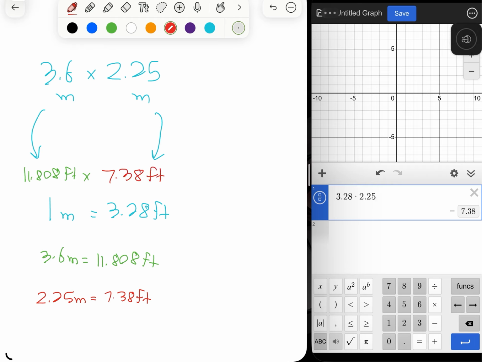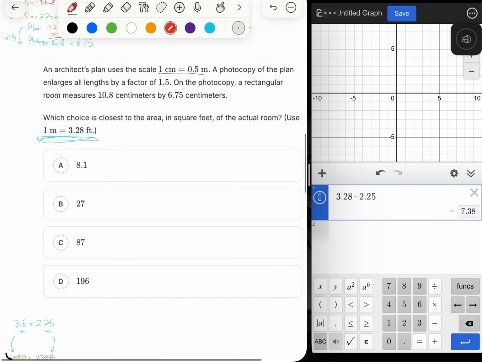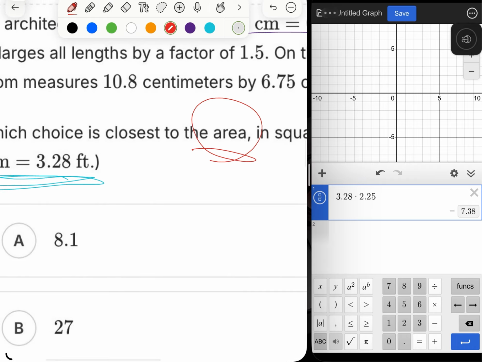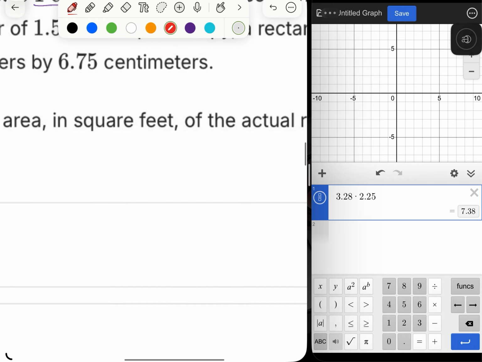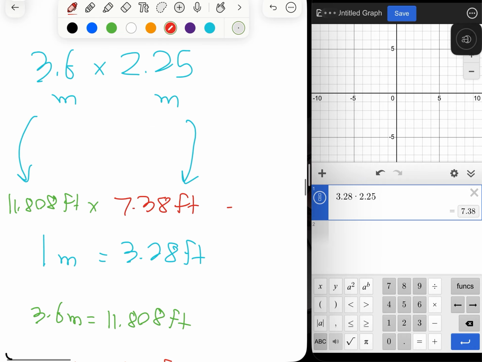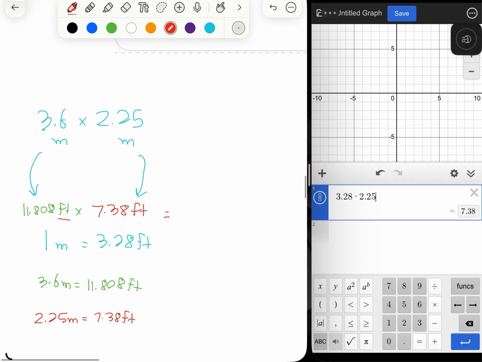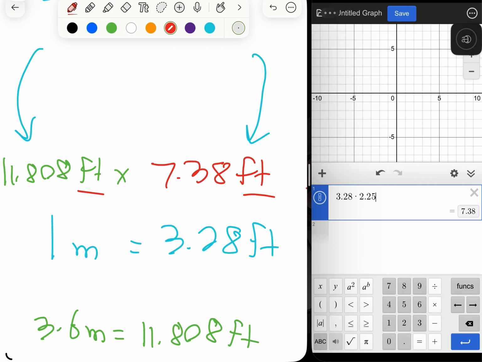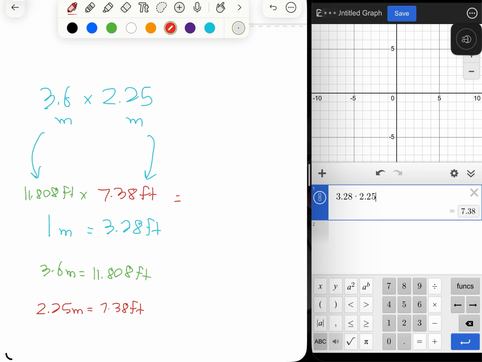So now that's the dimensions of the room in feet. They're asking us to find the area in square feet. Well, if you multiply these two, the units are going to be square feet, because you have feet times feet, which gives you feet squared.